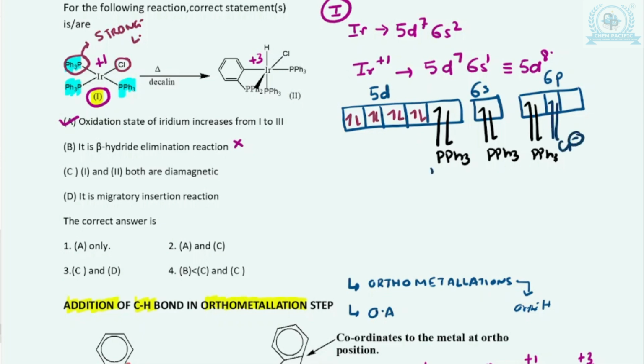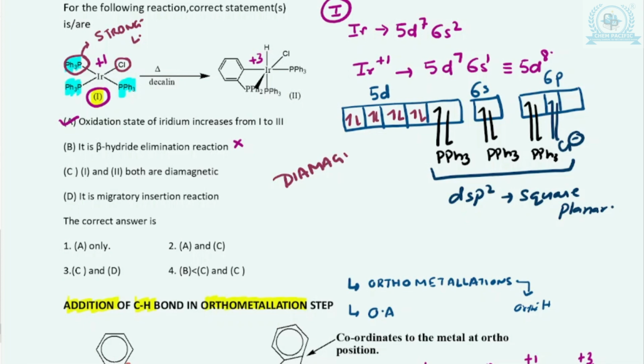This will result in the formation of dsp2 hybridization, that is a square planar geometry. So it is visible to you that there is an absence of any unpaired electrons. That is why this is a diamagnetic complex. Very important.